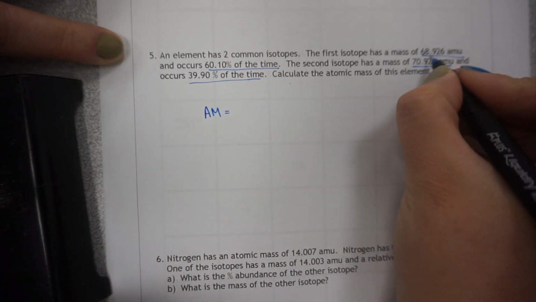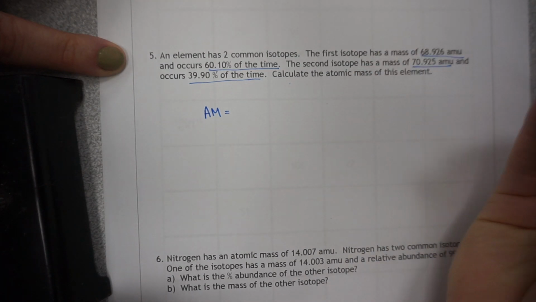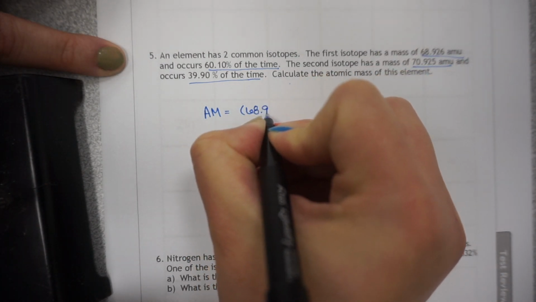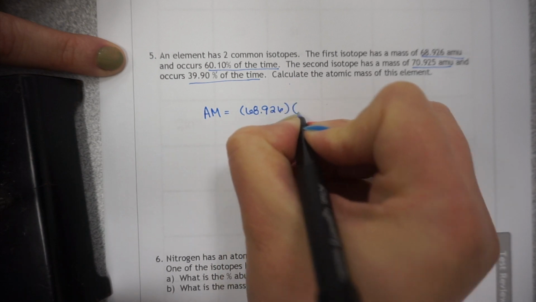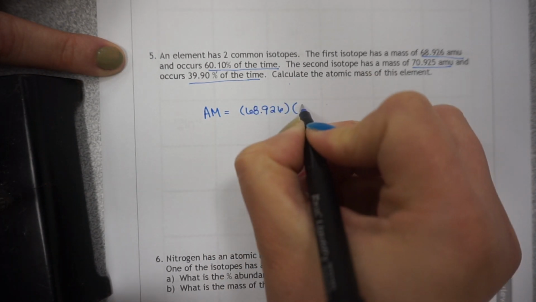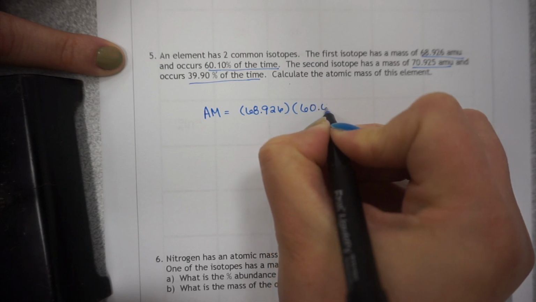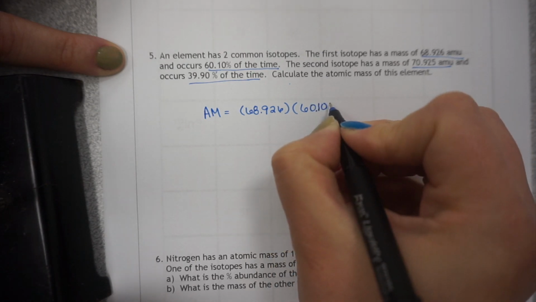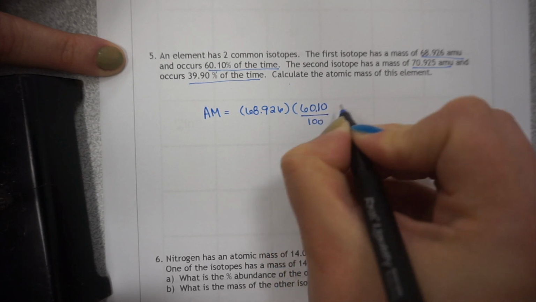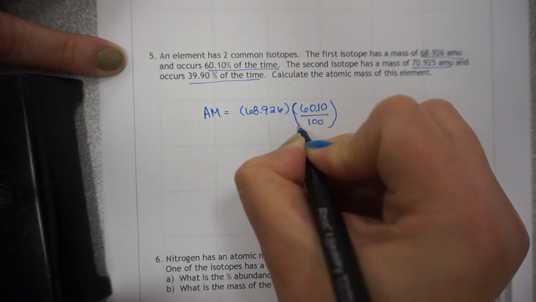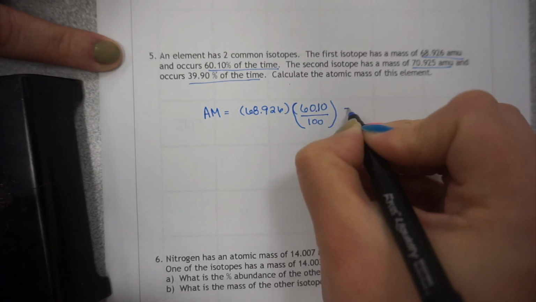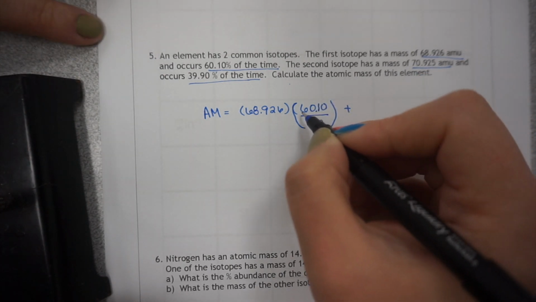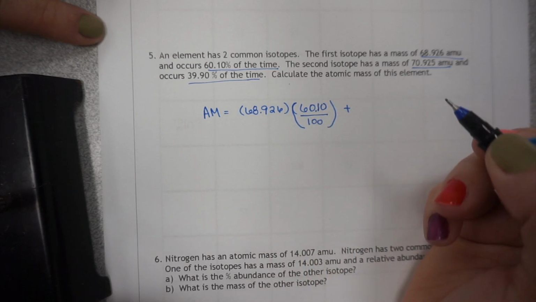So to calculate the atomic mass of this element, you do 68.926 times 60.10 divided by 100, or when you calculate that, it's basically moving the decimal over to the left by 2.